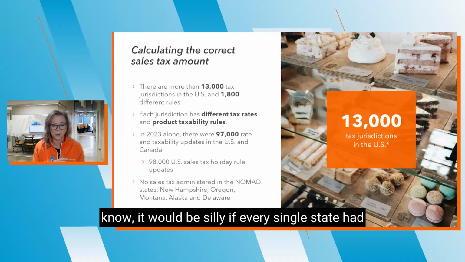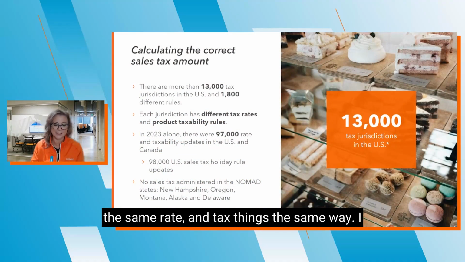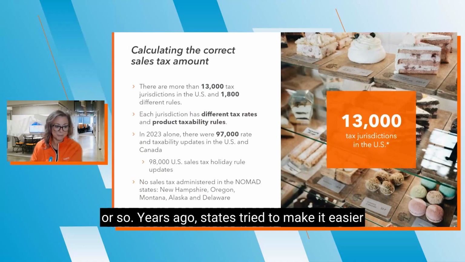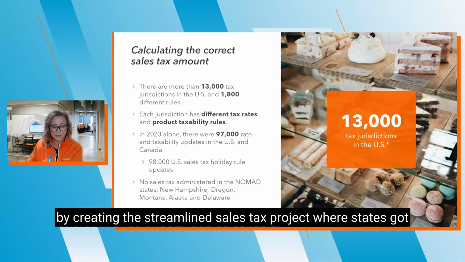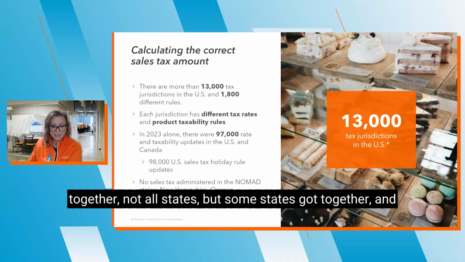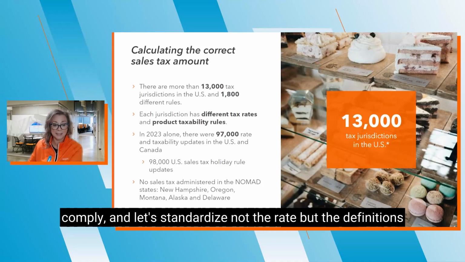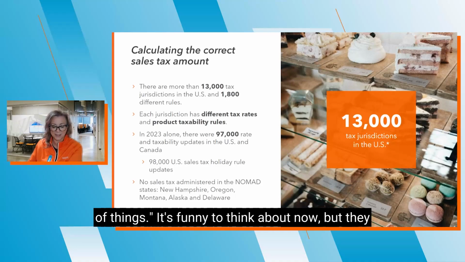So you guys know it would be silly if every single state had the same rate and taxed things the same way. I wouldn't have had a job for the last 25 years or so. Years ago, states tried to make it easier by creating this streamlined sales tax project where states got together, not all states, but some states got together and they said, hey, let's make it easier for people to comply and let's standardize not the rate, but the definitions of things.